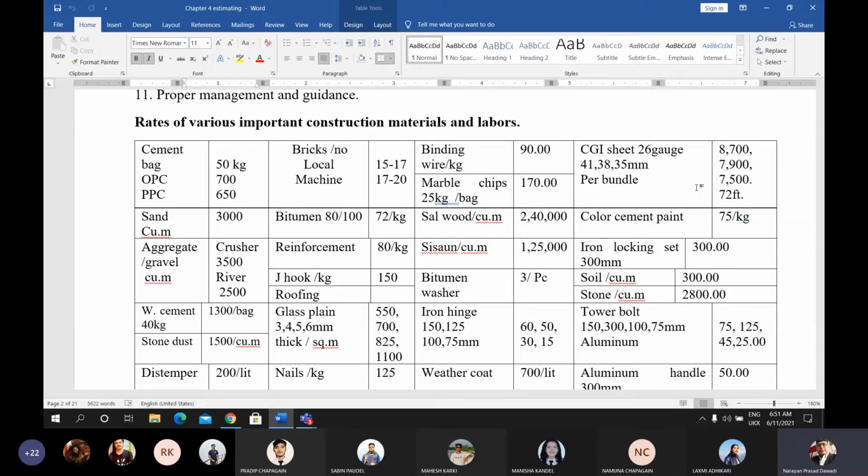For that bundle, if you use the 41 thickness 26 gauge sheet, it will cost 8700 rupees, and dividing by the bundle's square meters will give the per square meter sheet cost. You can do it from that.